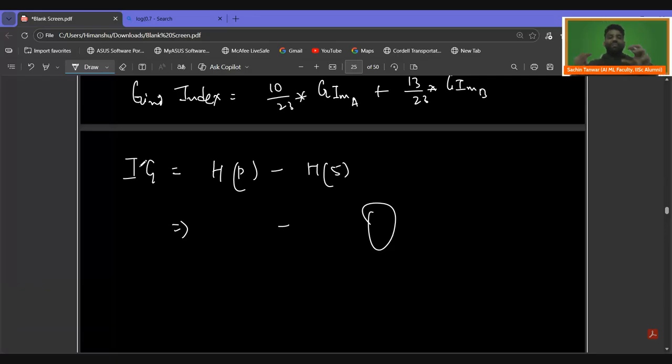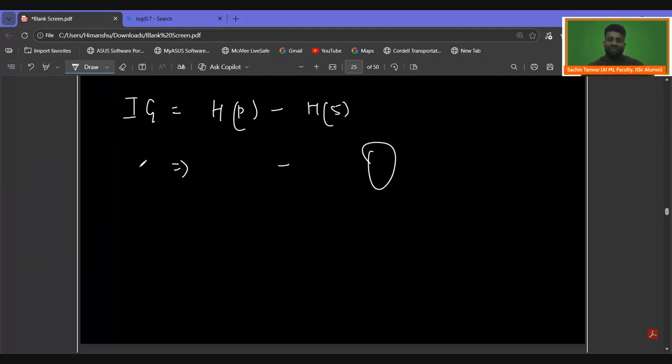Then again, if I have pure nodes, good. If not, I would like to split again. For the splitting, what feature will I use? Again, we go back to the same idea. Whichever gives me the least impurity, least entropy, or highest information gain. And that way we keep on building our decision tree. So that is the overall idea: how do we create a decision tree?